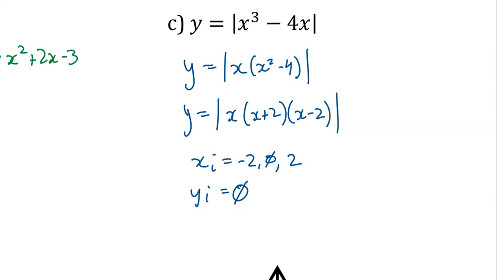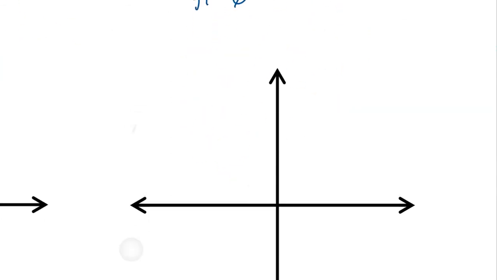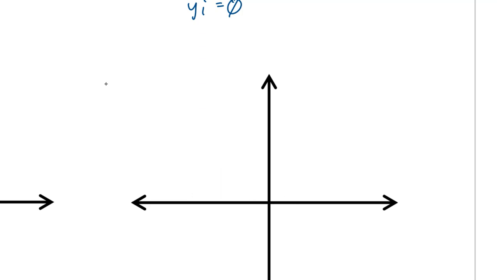So now I can sketch this. It's degree 3, positive leading coefficient. I'm only looking at the part inside the absolute value symbol. I'm not thinking about the absolute value part yet. Positive leading coefficient, degree 3. So I know the end behaviors. I'm going to mark my x-intercepts. -2, 0, +2. I'm going to start down here, which means I'm dotted.